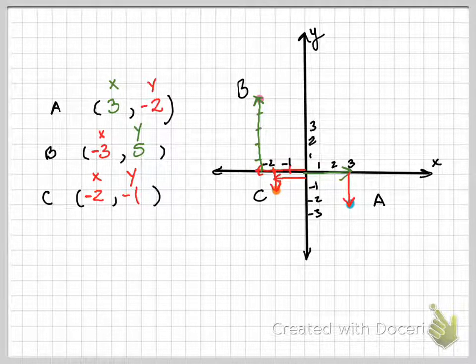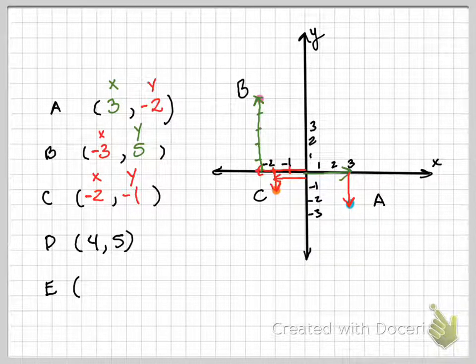Okay, let's try 2 more examples. So this time I want you to pause the video and see if you can plot the point 4, 5, and then see if you can plot the point -4, -3.